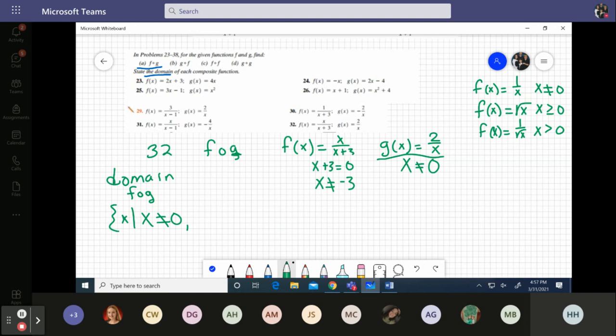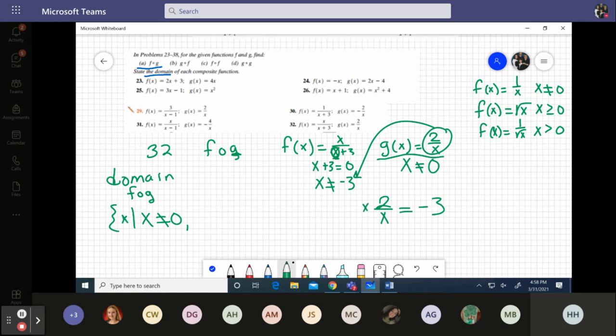All right, now I'm going to take that inside function and I'm going to set it equal to the restriction of the outside. So I'm going to say 2 over x equal to a negative 3. I can't have a negative 3 right here. I'll end up with that 0. So since I have to put 2 over x in there, then that cannot equal a negative 3.